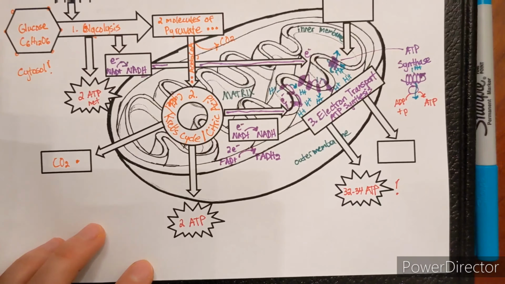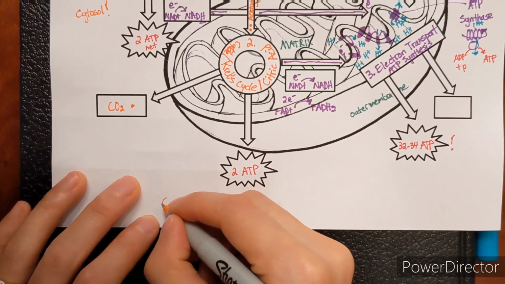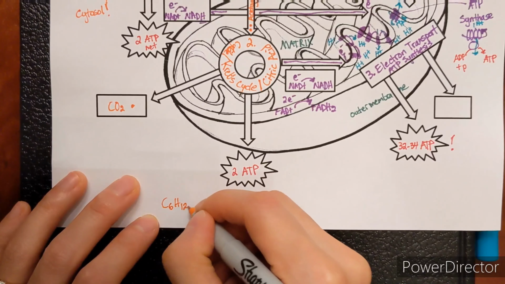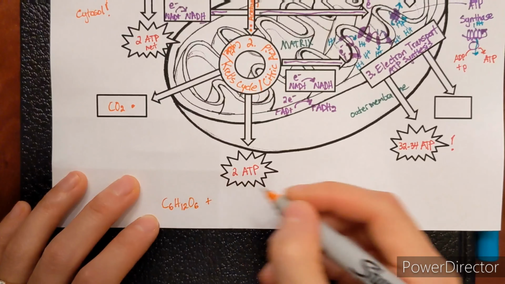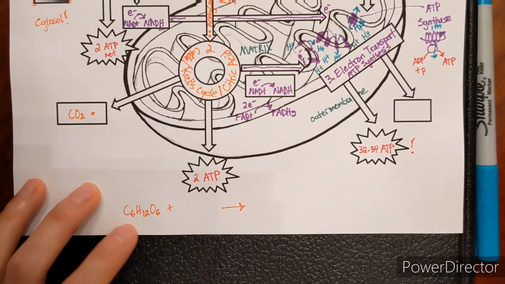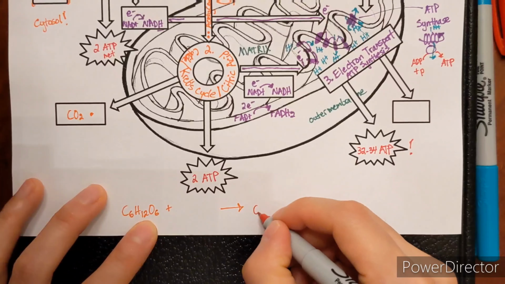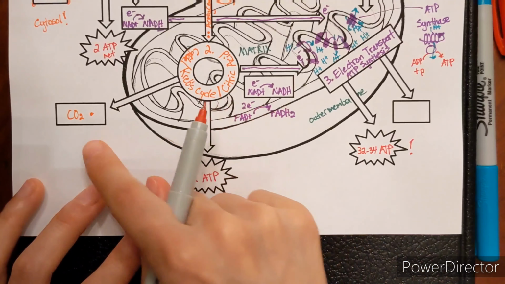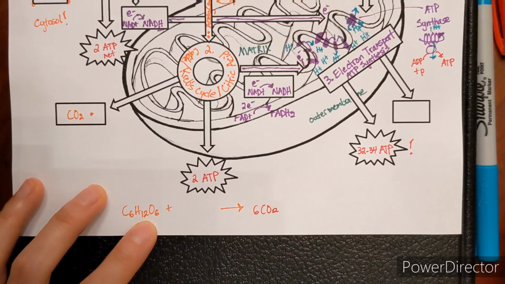And if I'm trying to remember my equation, it would look something like this. I've got glucose, C6H12O6, plus something, and that's going to give me 6 carbon dioxide, which I'm already seeing produced in the citric acid cycle.